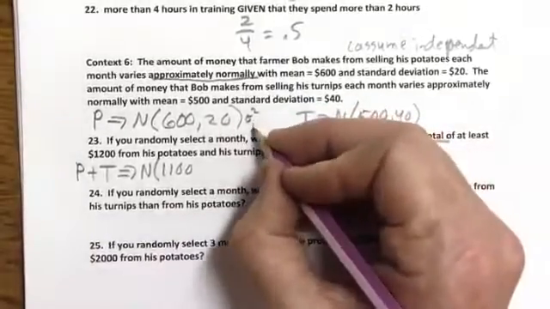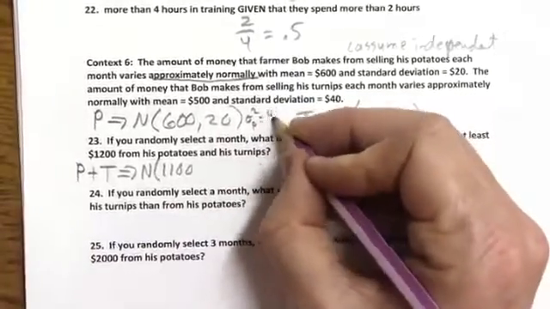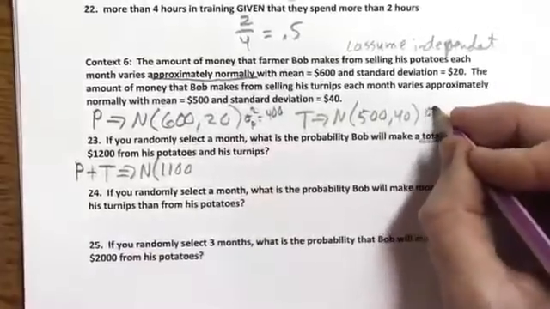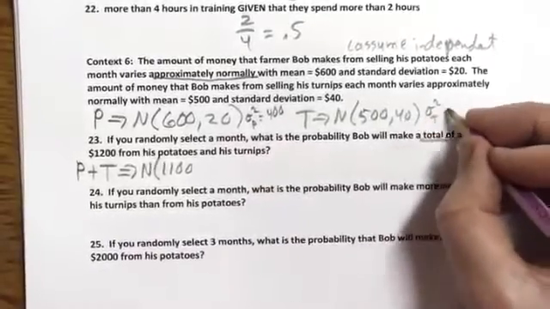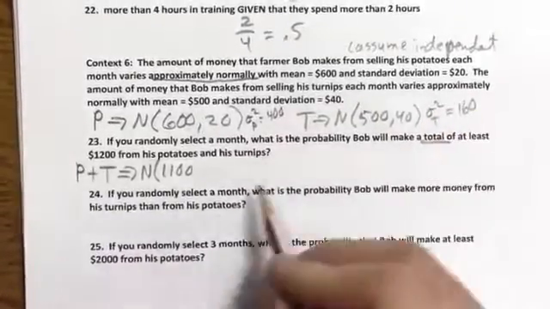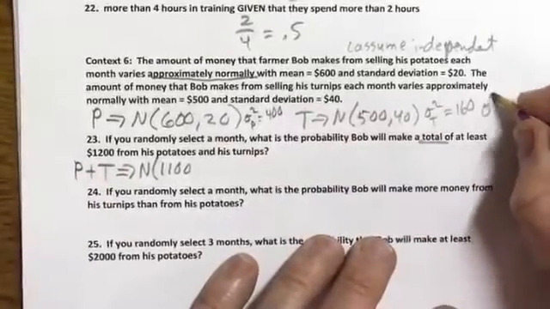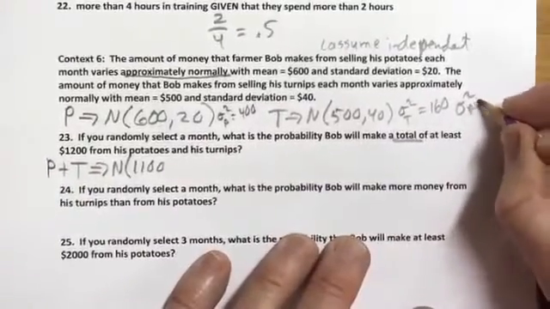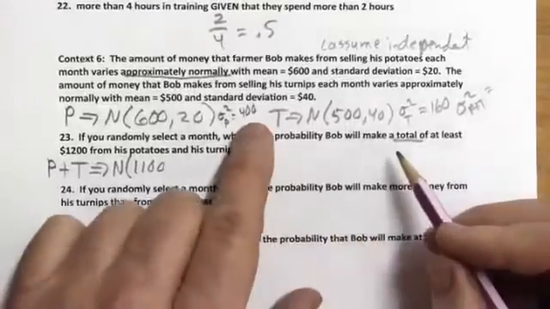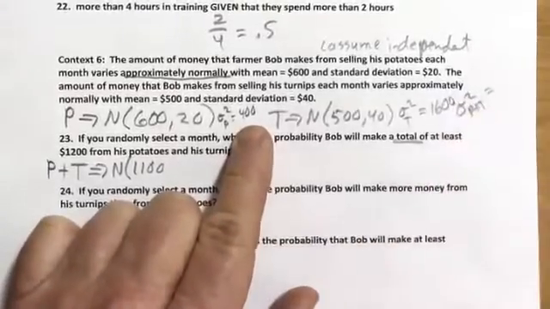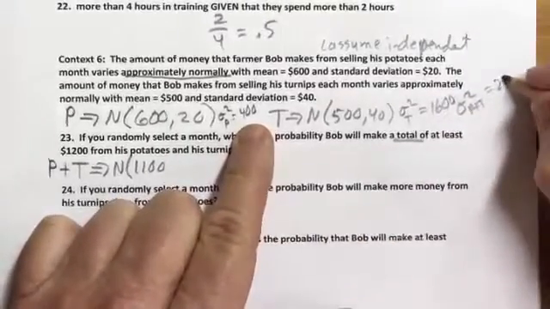The variance of the potato is 20 squared, which is 400. The variance of the turnips is 40 squared, and that's 1600. So when you combine P plus T, the variance of potato plus turnip is 400 plus 1600, that's 2000.